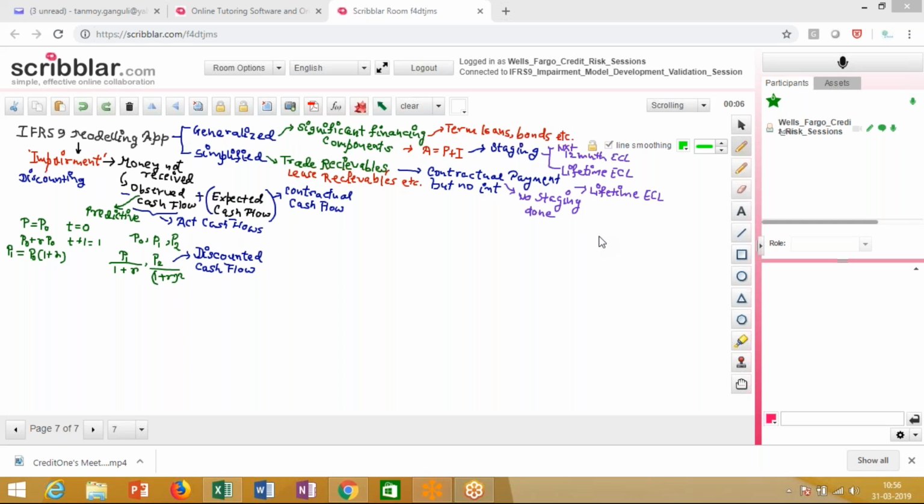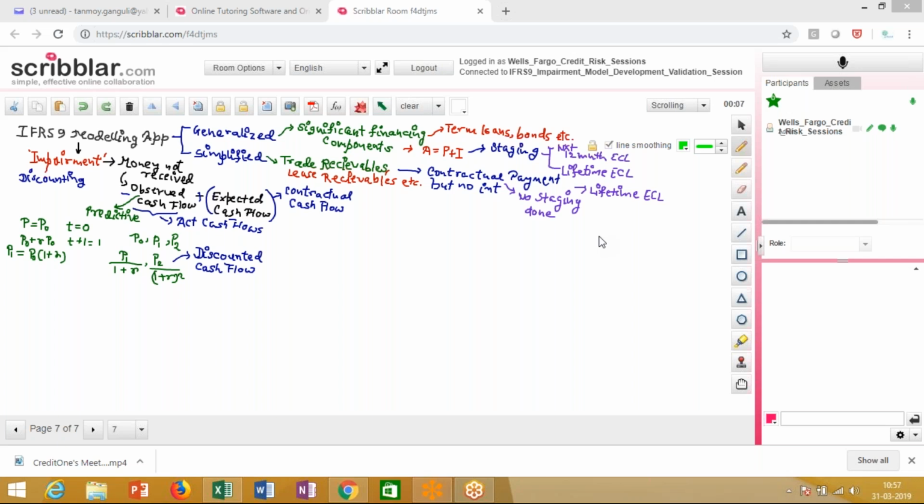How would our data for a simplified approach look like? What would be that kind of asset? How would data for a generalized approach look like? What would be the key variables, how would we identify them, and what would be the key factors involved?